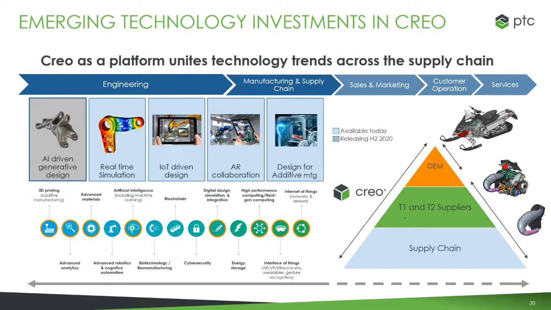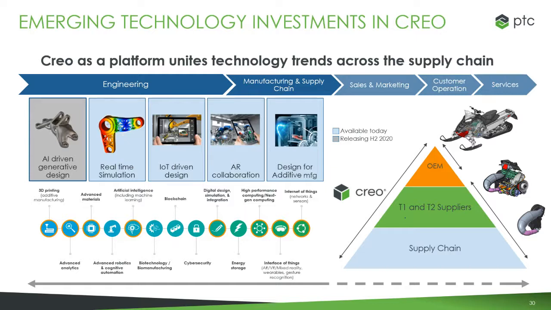This is very critical and important to you, whether it is generative design or real-time simulation, or seamless integration with our ThingWorx platform, how we are collaborating with augmented reality through Microsoft HoloLens, topology optimization, and the additive manufacturing we are doing.